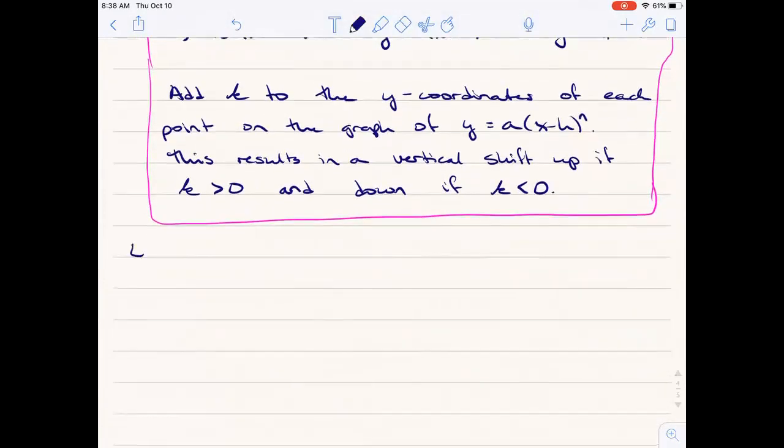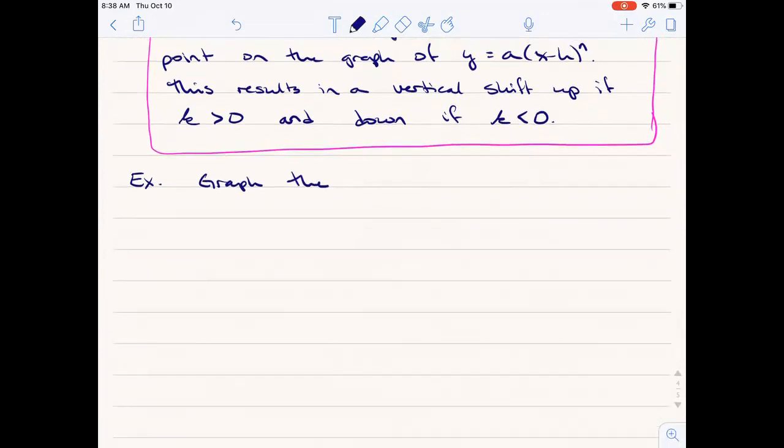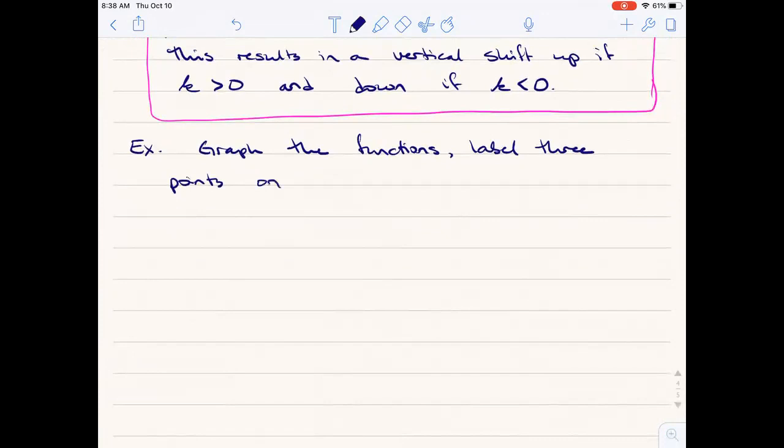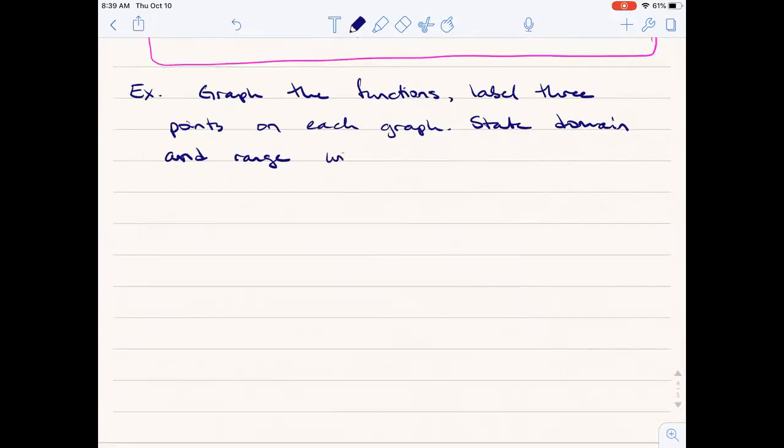Let's do an example. Graph the functions. Label 3 points on each graph. State the domain and range using interval notation.